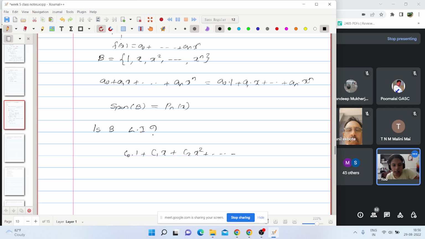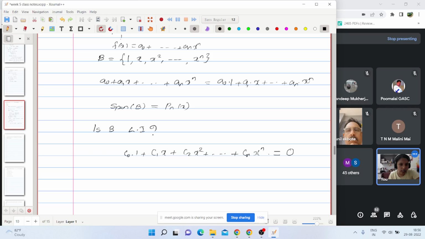I am taking the linear combination and equating it to 0. What is the 0 here? This is the 0 polynomial. In order to say B is linearly independent, we need to show that each of C0, C1, etc., Cn is 0.